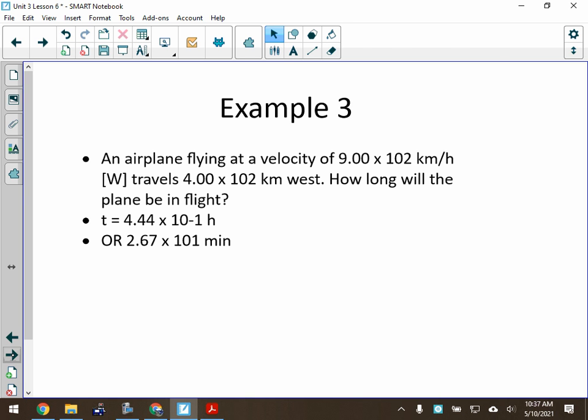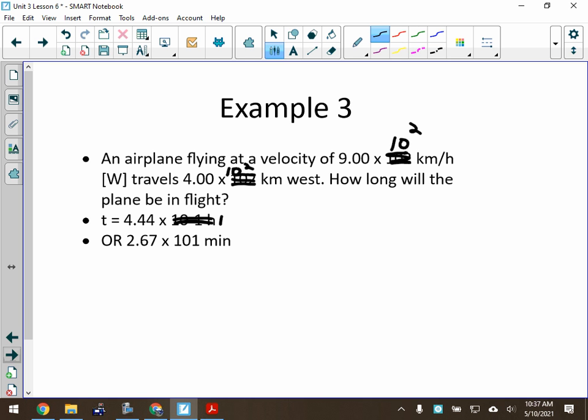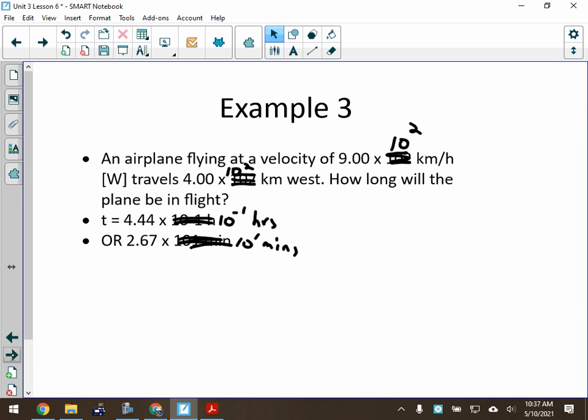This should be 10 to the 2 power, and this is 10 to the 2 power as well, so times 100 basically for those two. And this right here should be times 10 to the negative 1 hours, and this is 10 to the 1 minutes. Go ahead and start solving that, please.